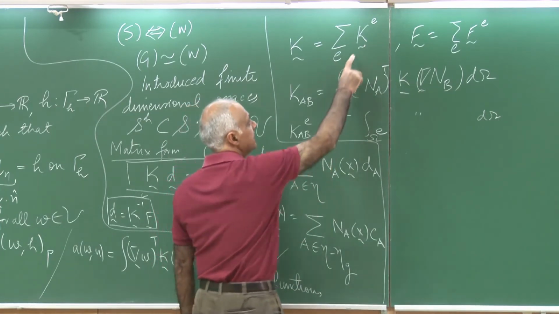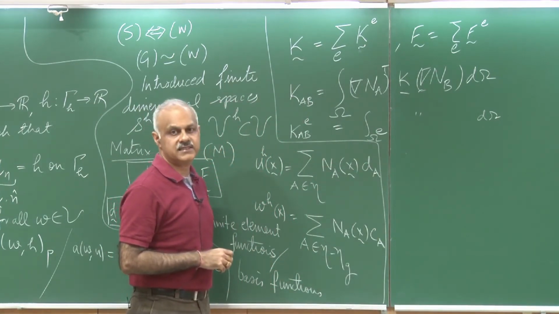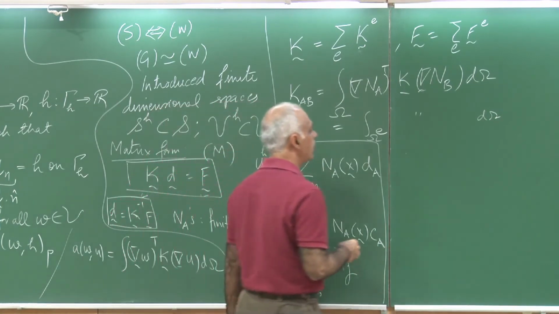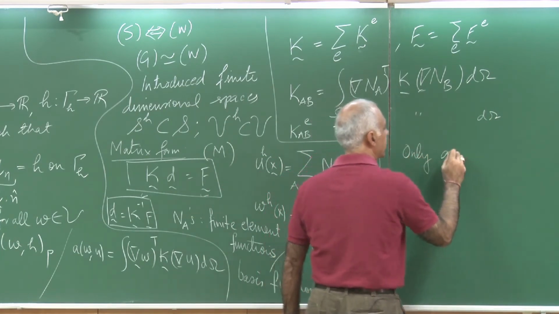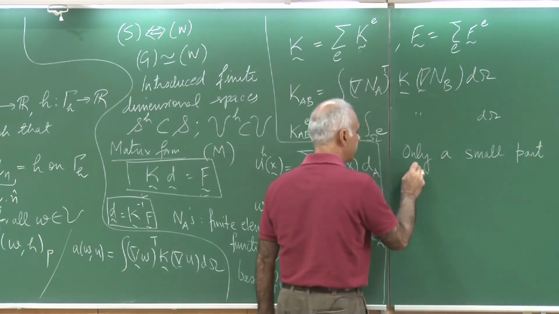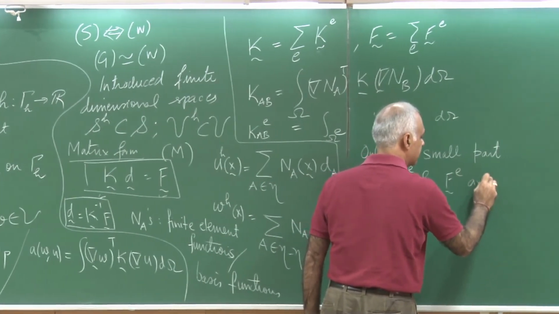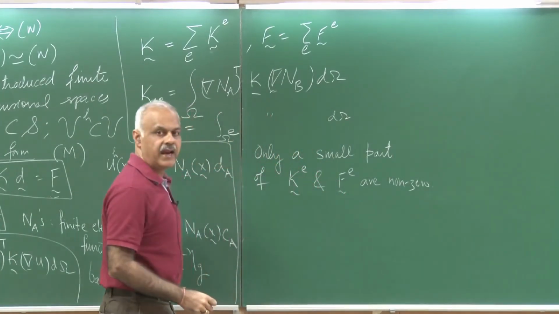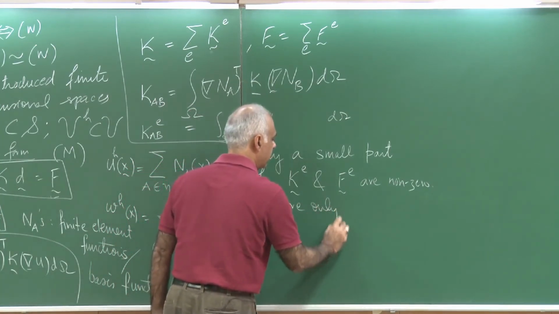We then realize that these KE's and FE's are not full matrices, rather they are very small matrices, and we can store an element level version of them. So, we realize the following, that only a small part of KE and FE are non-zero, and we store only that part.